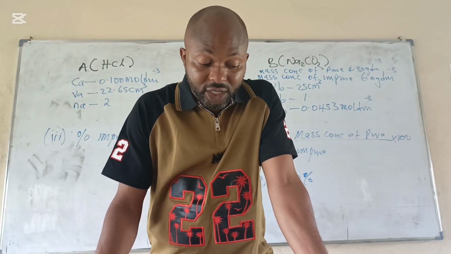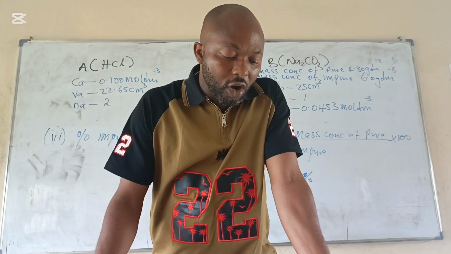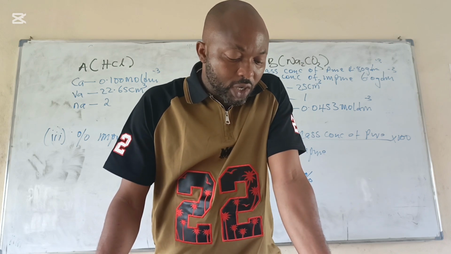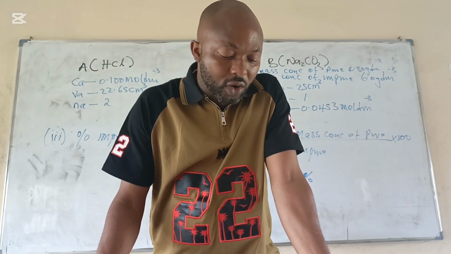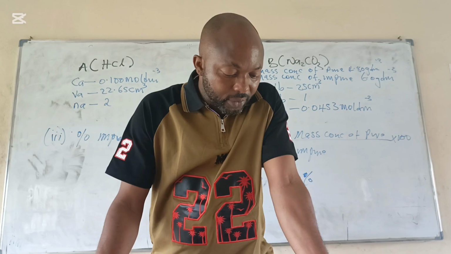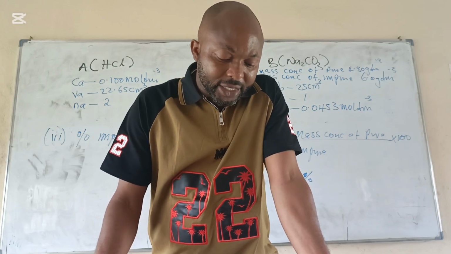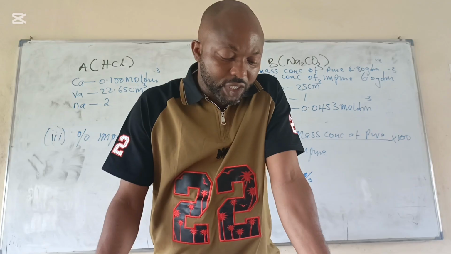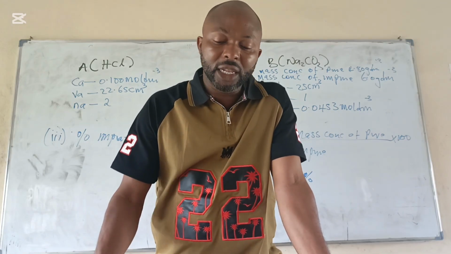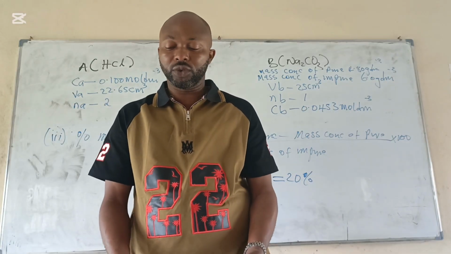That's the first thing they're asking us to do. B, we should calculate the concentration of the base in mole per dm cube. The next one, amount of the base in 100 cm cube of B. And the fourth one is the percentage by mass of the base in the sample of baking powder, which is the percentage impurity.